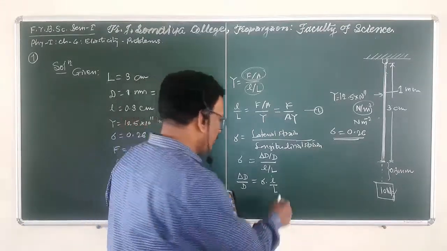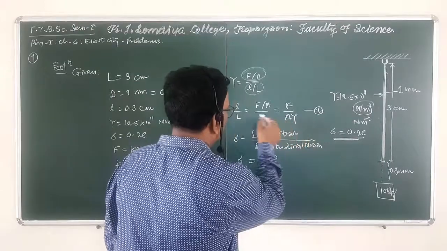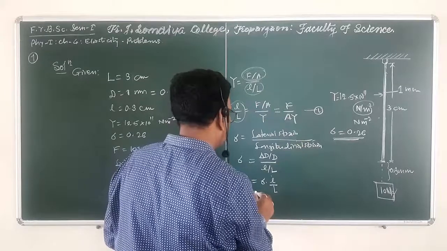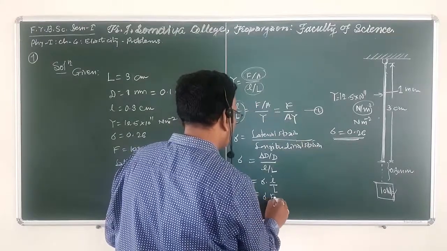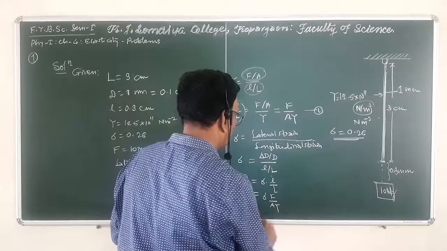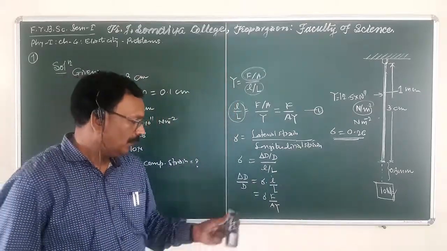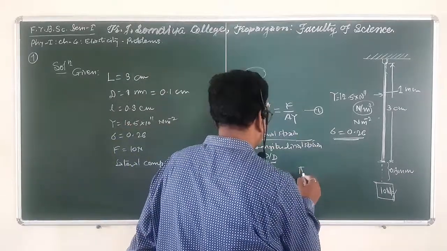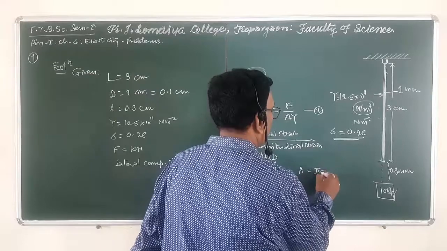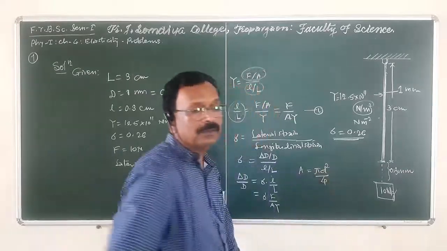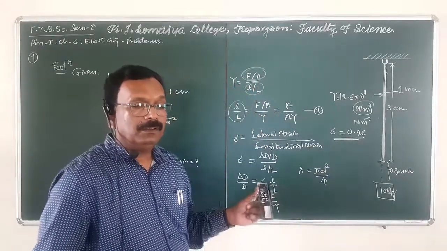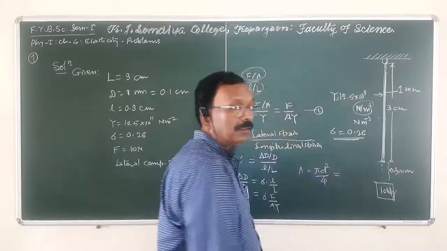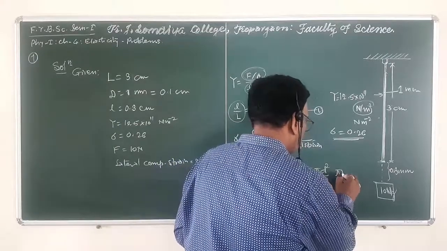But what does equation 1 represent? Equation 1 gives small l upon L is nothing but F upon A Y. So, we can write sigma F upon A Y. But what is A? A is nothing but pi d square by 4. We are having radius, so instead of this, pi r square.